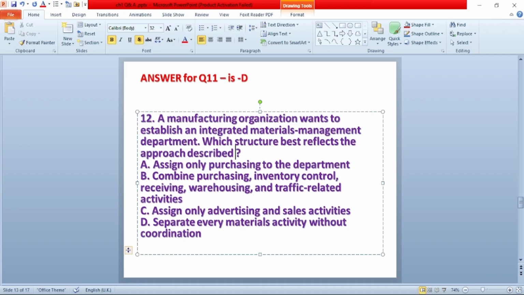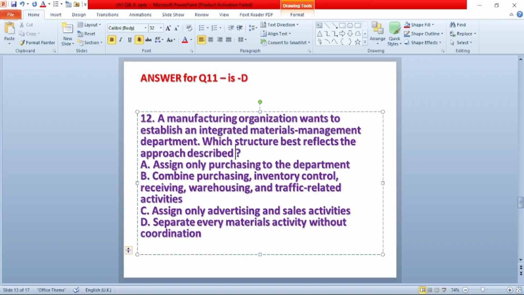Question number 12. A manufacturing organization wants to establish an integrated material management department. Which structure best reflects the approach described? A. Assign only purchasing to the department. B. Combine purchasing, inventory control, receiving, warehousing, and traffic related activities.